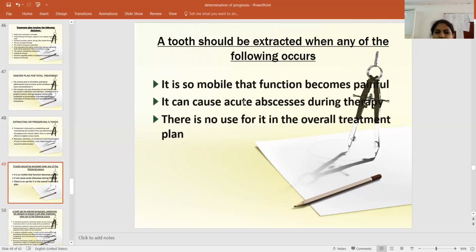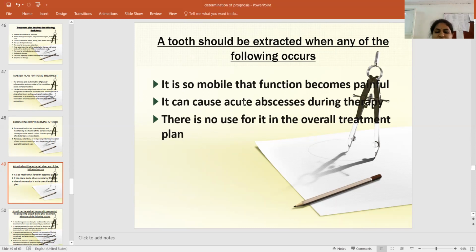If there is so much periodontal pus, it is very painful also, and the patient cannot perform functional activities with such a mobile tooth. So such a tooth has to be extracted. It can cause an acute abscess during the therapy, and there is no use for it in the overall treatment plan.